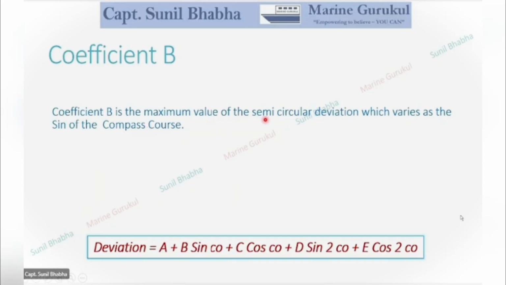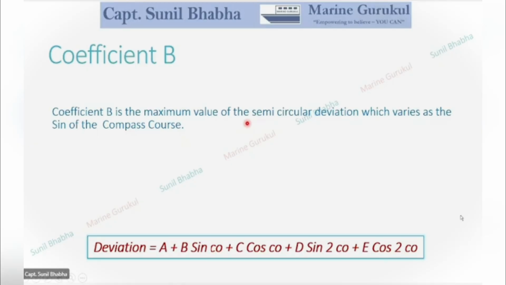Now, what is the meaning of semicircular deviation? Now we know one circle is 360 degrees. So if a deviation carries the same name over the entire 360 degrees, if it is east and it remains east for the vessel heading on entire 360 degrees, it is called a circular deviation.